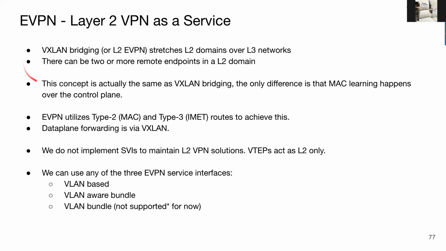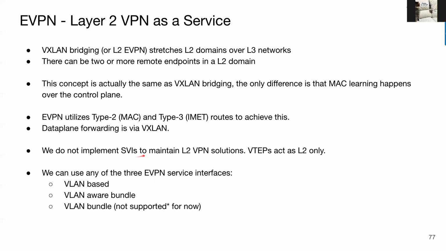But again, we're exchanging control plane state, aka our host MAC information, via these type 2 routes in EVPN. We're also going to be exchanging type 3 routes to build out our flood list. Nothing changes. Data plane forwarding is always going to be VXLAN unless we're using MPLS, which this class isn't about.